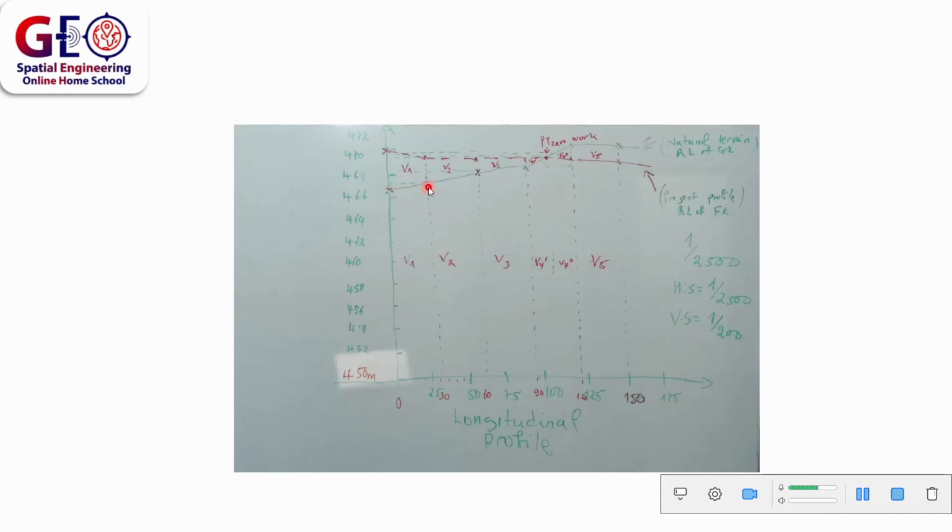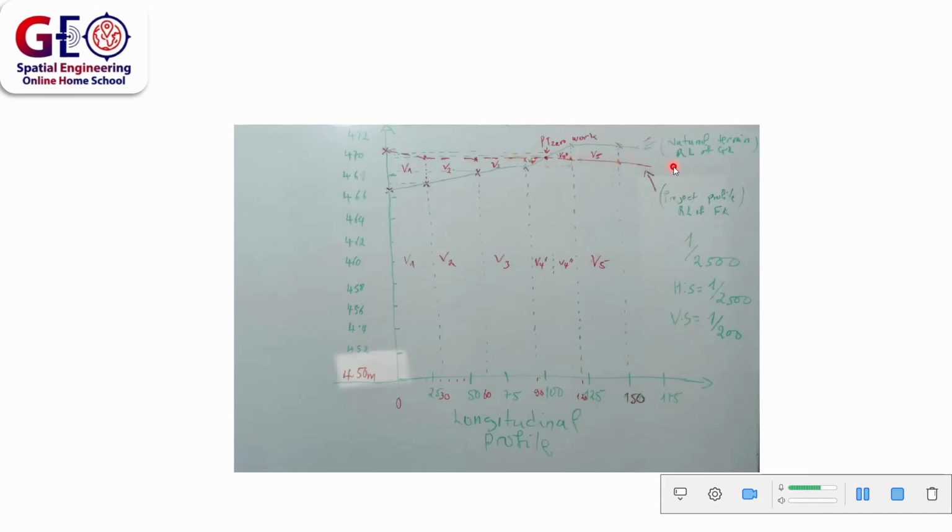And chainage 30, this is the height, right up to chainage 150. From there, we can link the points to obtain the longitudinal profile for the GL. Then the FL that was calculated, we did the same procedure and linked the points.